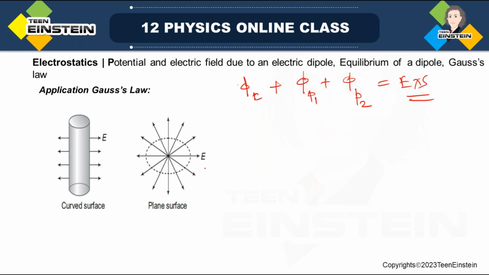See, let us say these plane surfaces. By symmetry, the electric field lines will be like this. They will be radially outward. These are the electric field lines.